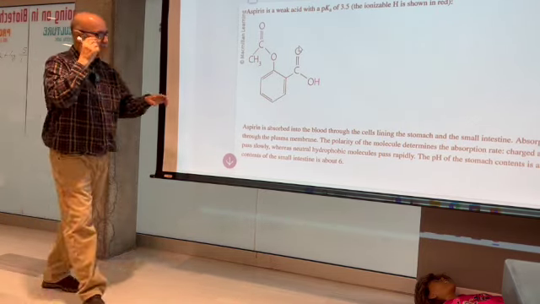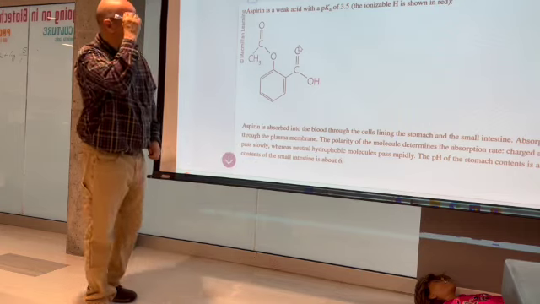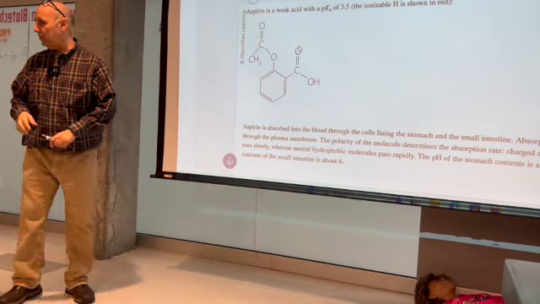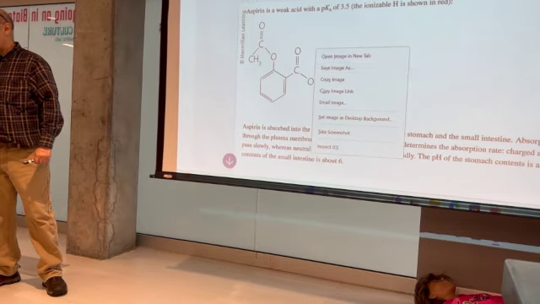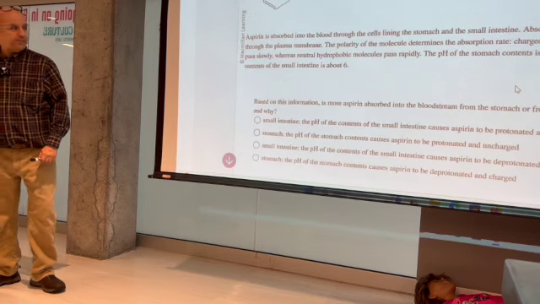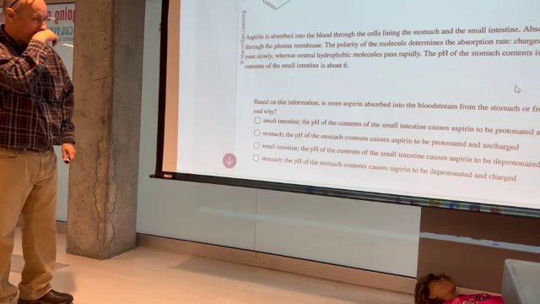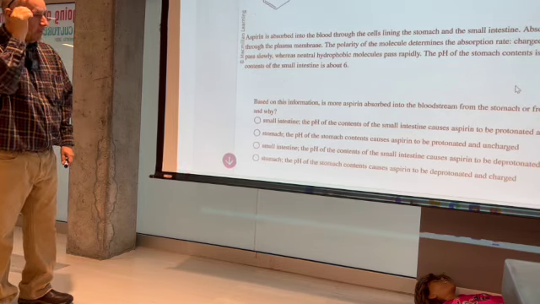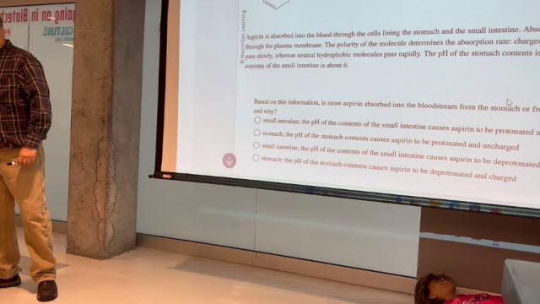Anyway, so let's assume that this is red and that that's the ionizable group. So what did they say? Yeah, so this is a really great question.